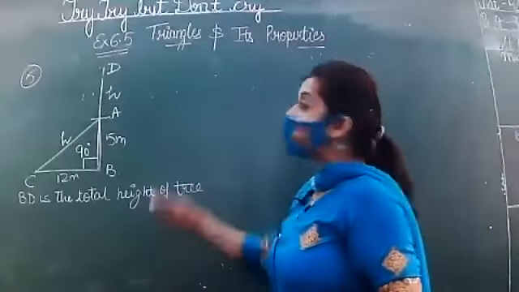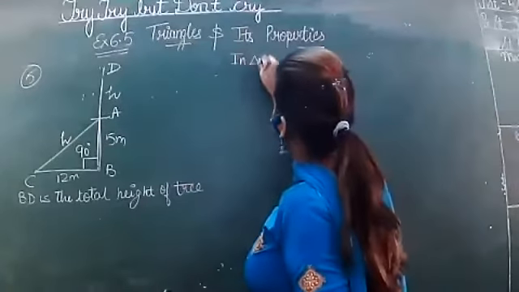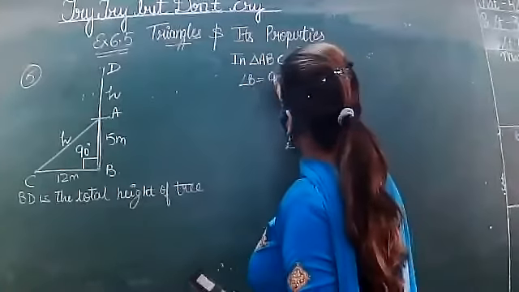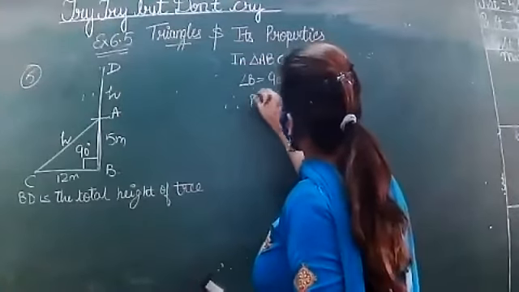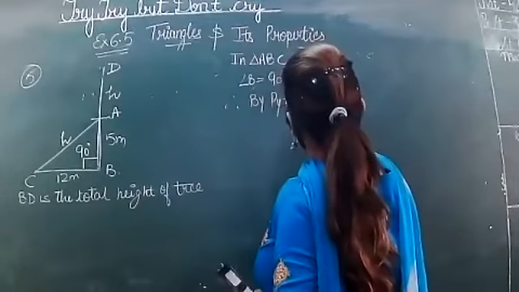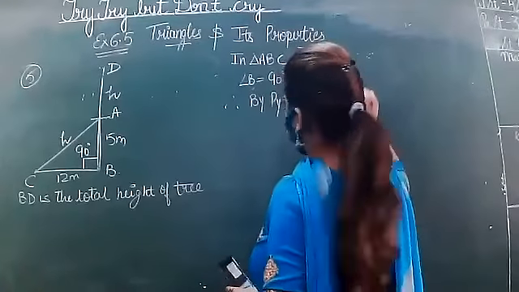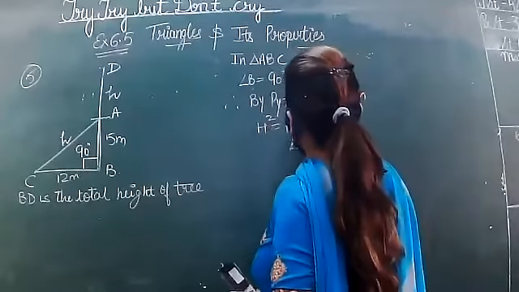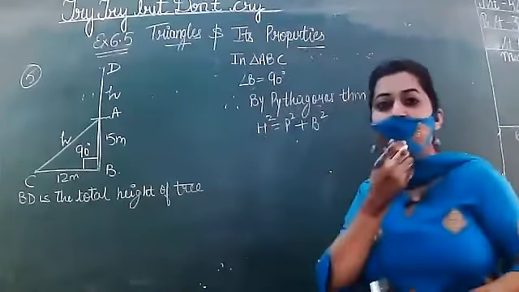In triangle ABC, angle B is 90. Therefore, by Pythagoras theorem, H square is equal to P square plus B square. What is the hypotenuse here?